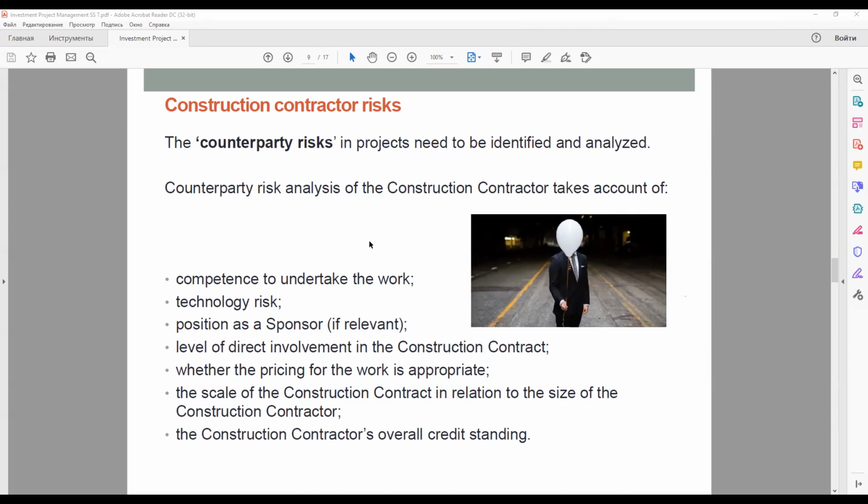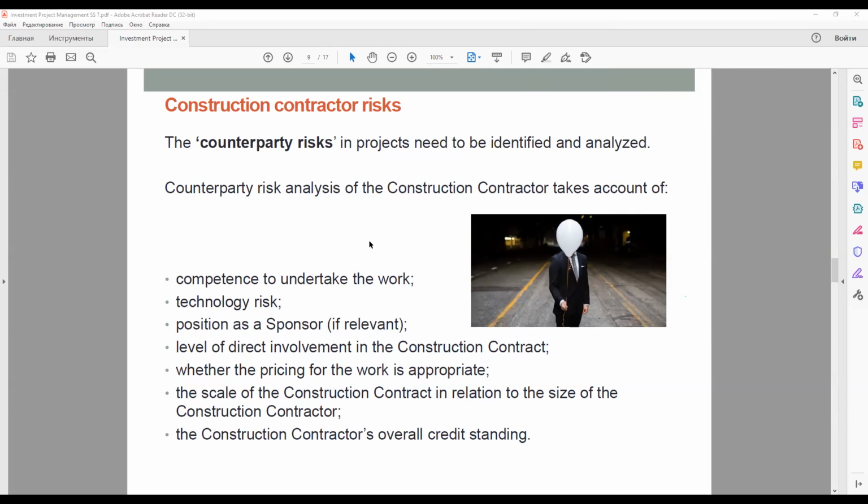The scale of the construction contract should therefore be compared with the construction contractor's annual turnover. If it is more than, say, 10% of this figure, the construction contract may be too big for the construction contractor to handle alone, and the joint venture approach with a larger contractor may be preferable.